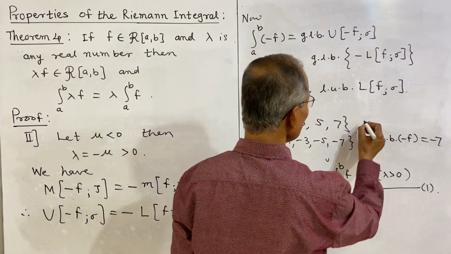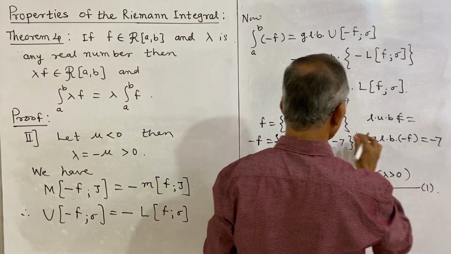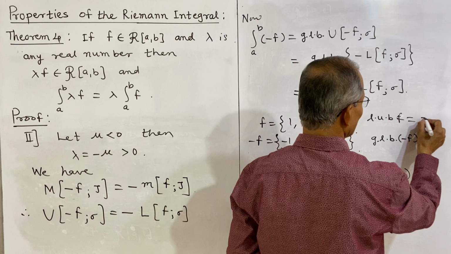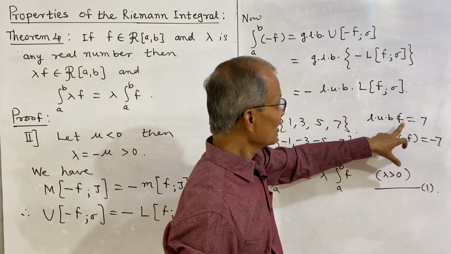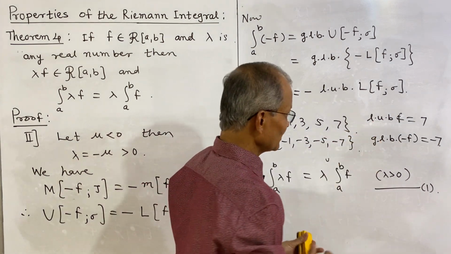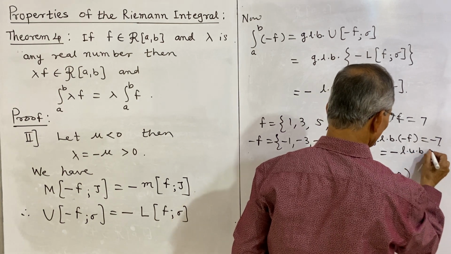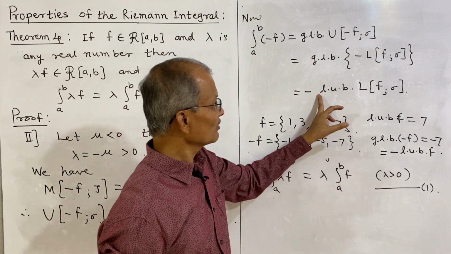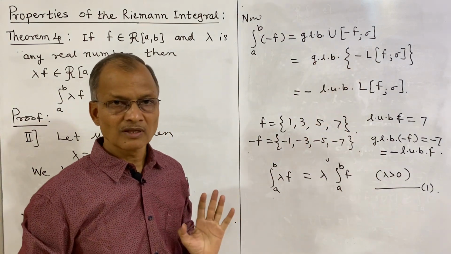And what is the LUB of f? The least upper bound means the maximum value of f, which is 7. Therefore the GLB of negative f is the negative of the LUB of f, that is minus 7. So if you take the negative sign outside, the GLB becomes LUB.